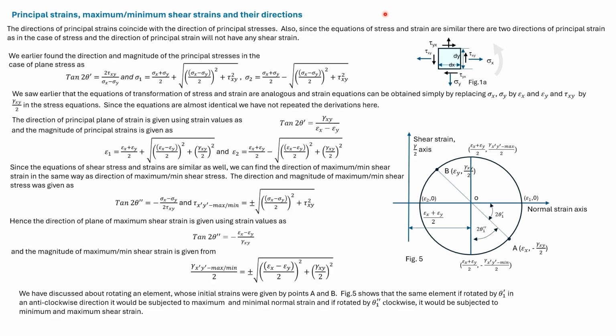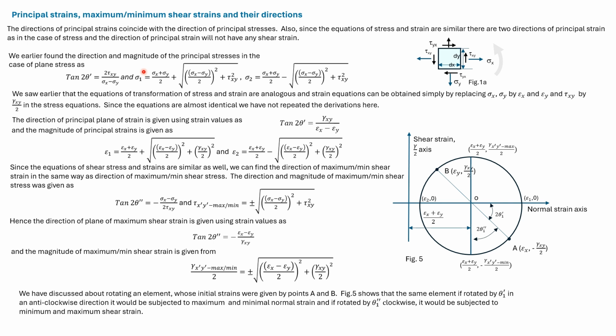Here we discuss the principal strain plane and the magnitude of the principal strains, and the plane of maximum and minimum shear strain and the magnitude of maximum and minimum shear strain. The direction of the principal strain coincides with the direction of the principal stresses. We earlier saw that the equations of transformation of strain are quite similar to the equations of transformation of stress.